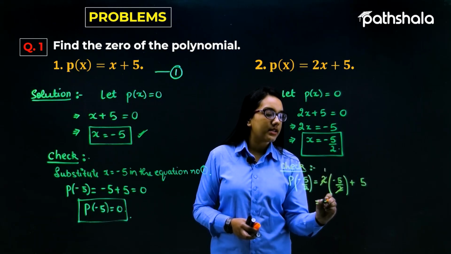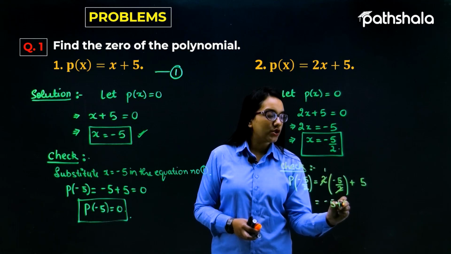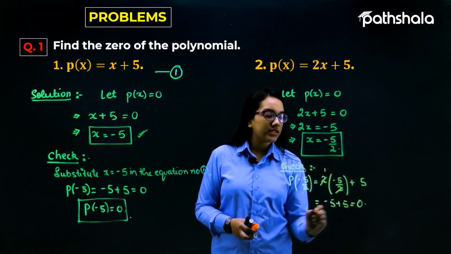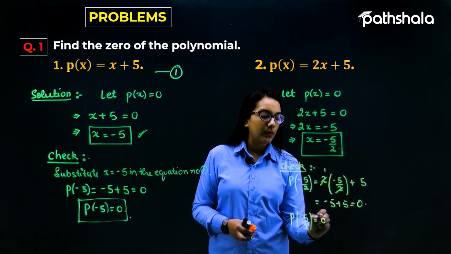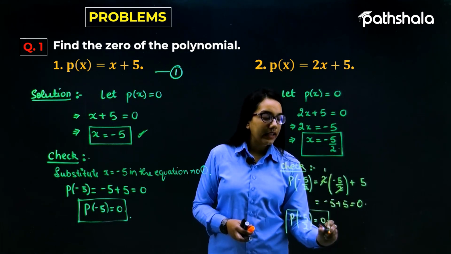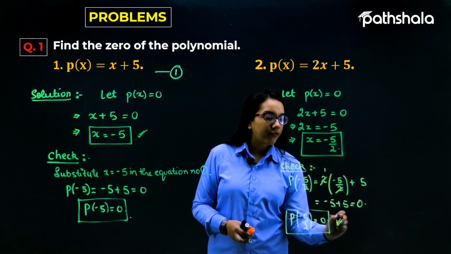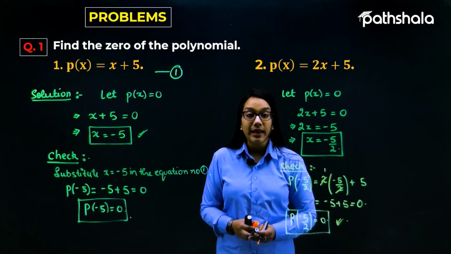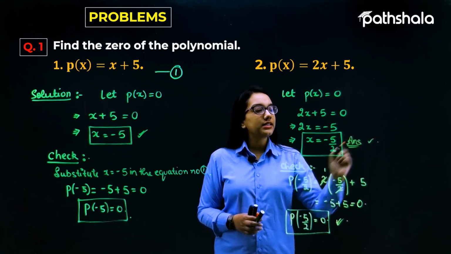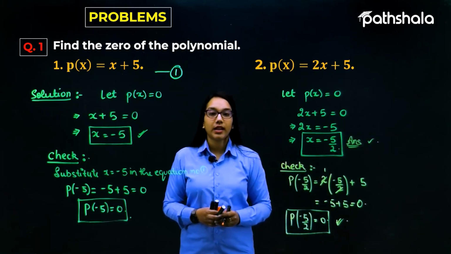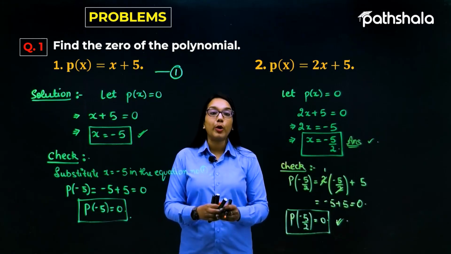We are getting minus 5 plus 5, which is 0. So p(minus 5 by 2) is equal to 0. Hence, again, it satisfies the definition of the zero of the polynomial. It means this is a correct answer, that is, x is equal to minus 5 by 2 is the zero of the polynomial.